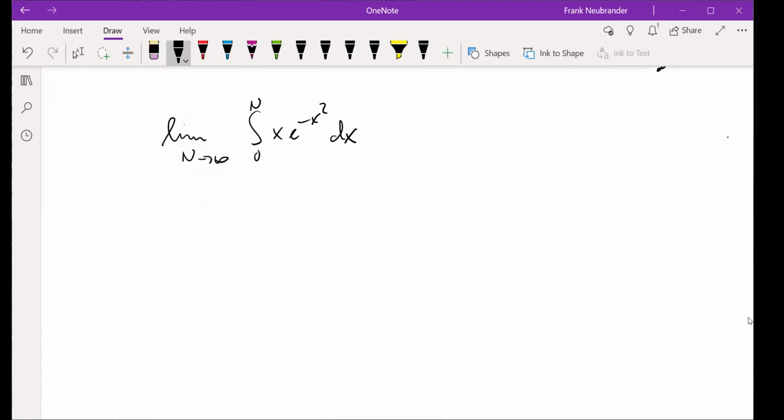I see u equal to x squared, then the derivative is 2x. I see the 2x up to a constant, there's the x. So if I take u equal to x squared, or you could take u equal to minus x squared, whatever you want, then du dx is 2x, or x dx is equal to 1/2 du.